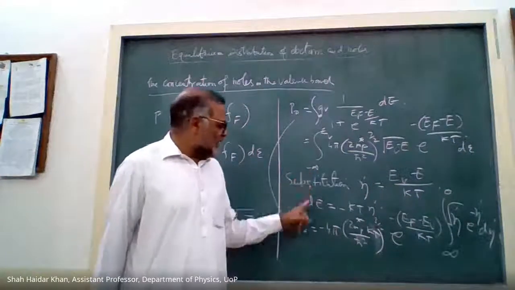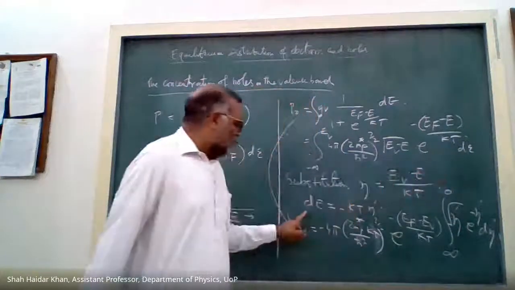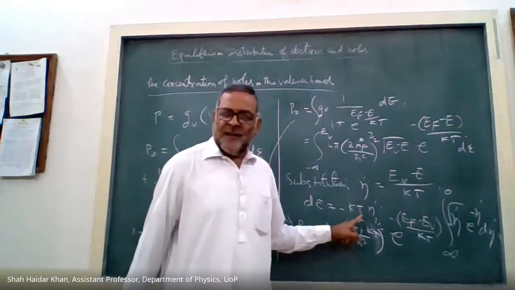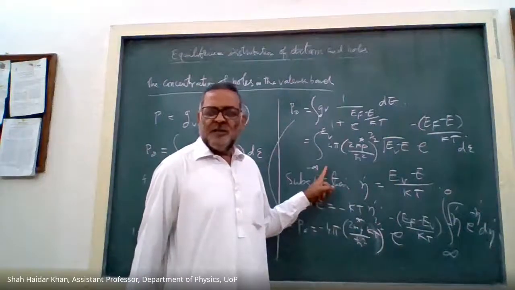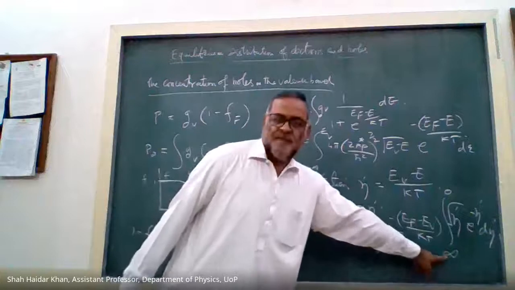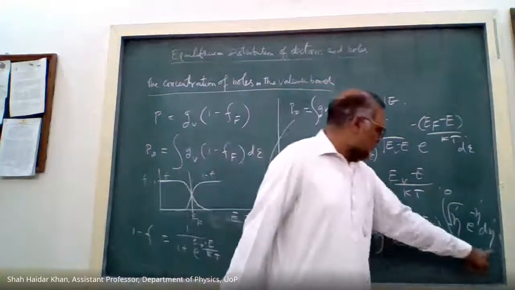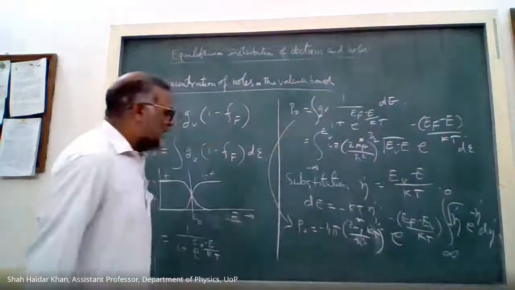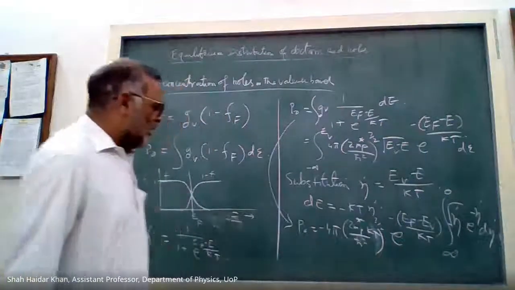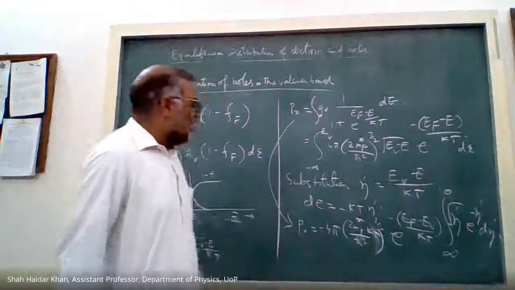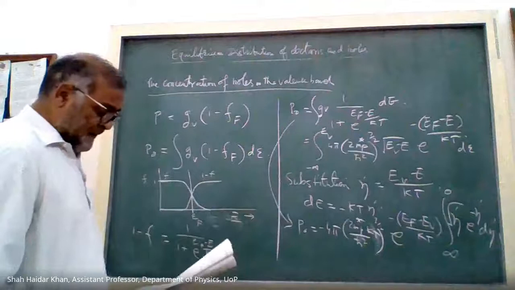But here the value of dE after the substitution is negative, so minus infinity will become plus infinity after the substitution. And there is a minus sign here with the substitution.